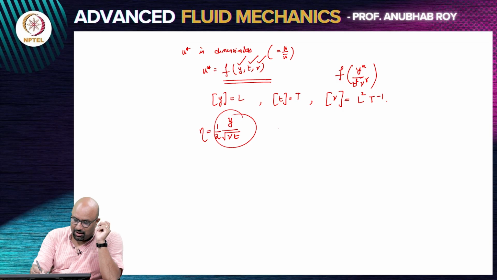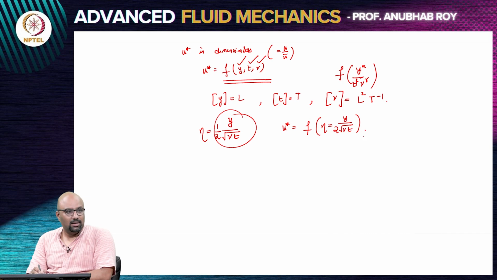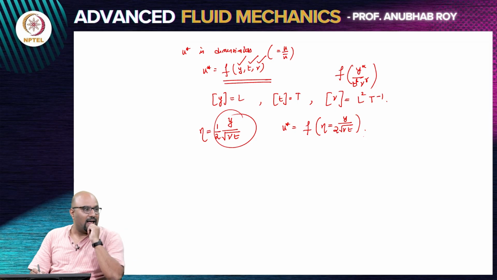So finally what we have done here is we have said that u star, instead of being a function of y, t and nu separately, is a function of this variable eta, which is y by 2 square root nu t. Now this might just seem like a simple exercise in dimensional analysis, but this is actually quite profound, because what you have said is the solution for this particular problem does not independently depend on y or t.